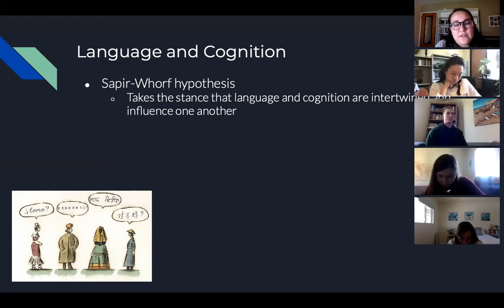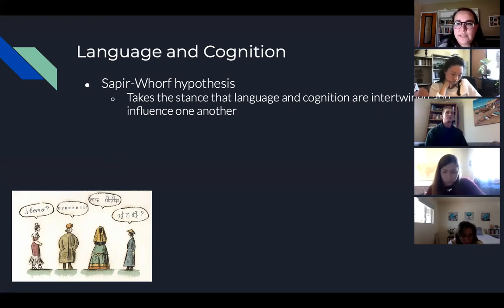So even though what we're going to talk about is called the Sapir-Whorf hypothesis, they never actually collaborated. What ended up happening was there's such a large overlap in their ideas that essentially people just ended up giving both of them credit. And so we're going to talk about this hypothesis.